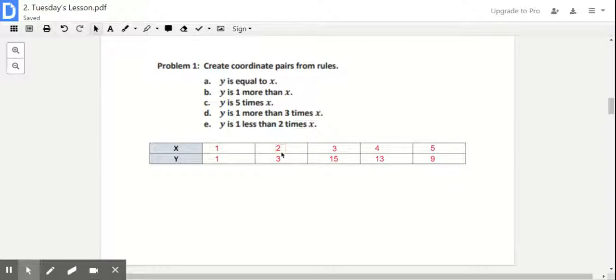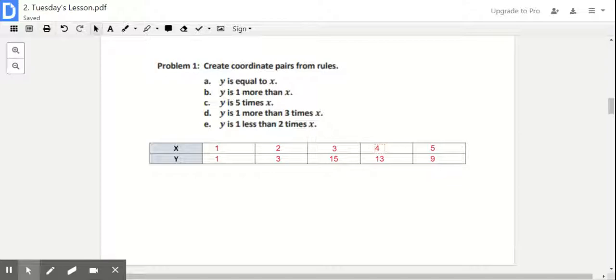Okay. The next coordinate I made was 3 and 15. Why did I do that based off of the C? Correct. I knew that 3 times 5 is 15. So that's why my y coordinate right now is 5 times my x, which is 3. Next, I have D. Y is 1 more than 3 times x.